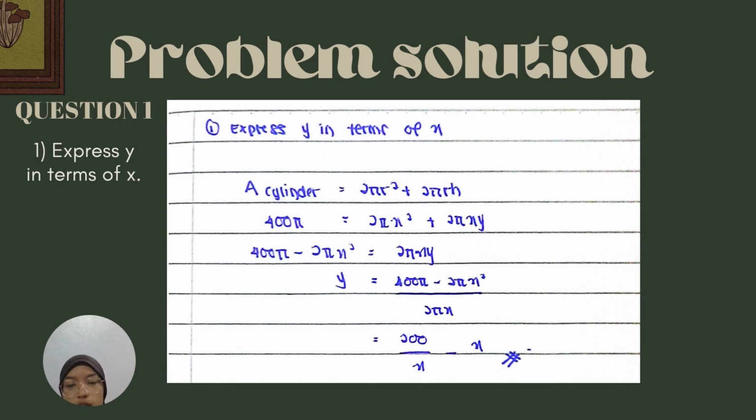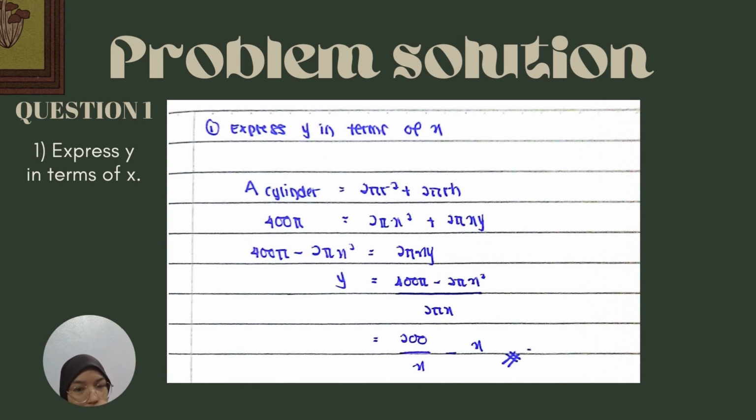We just replace r and h, which are radius and height, with x and y. So it will be 400 pi minus 2 pi x square equals 2 pi xy. So y equals 400 pi minus 2 pi x square over 2 pi x.